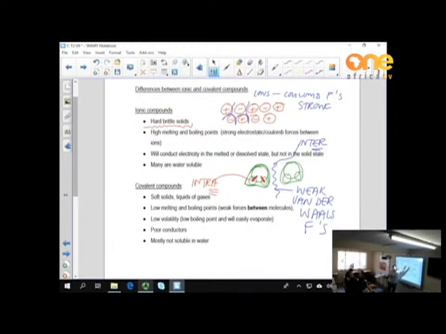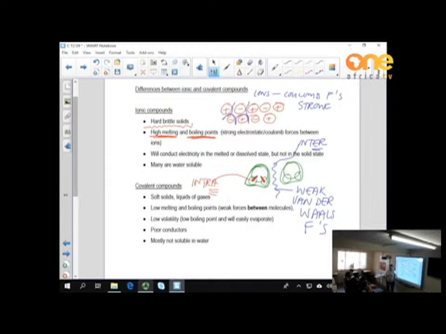If there are strong forces between the particles and I want to make that solid melt, I'm going to need lots of energy to give the particles enough energy to vibrate far away from each other to overcome the forces. So we find then that ionic compounds have high melting and boiling points.